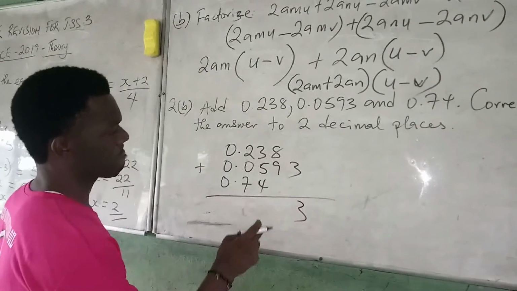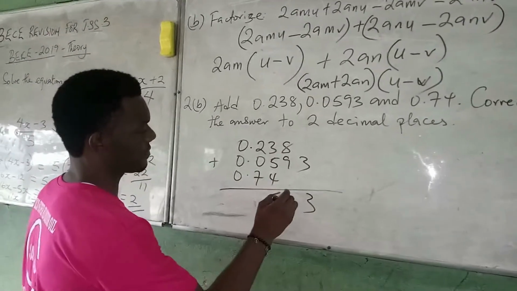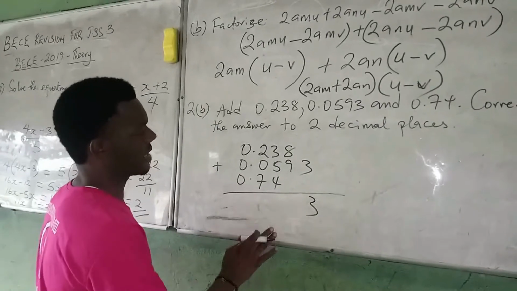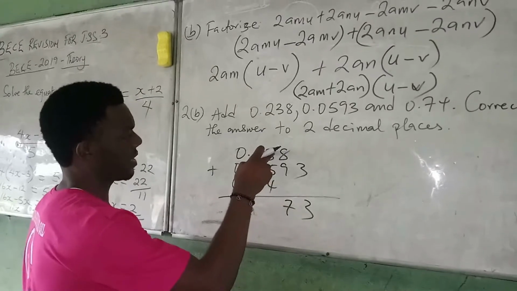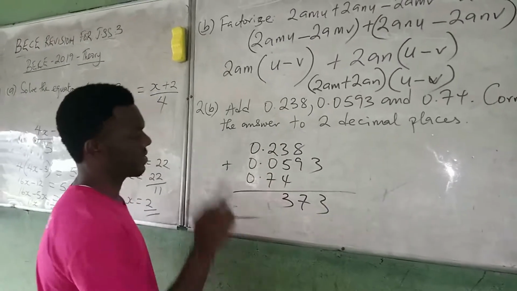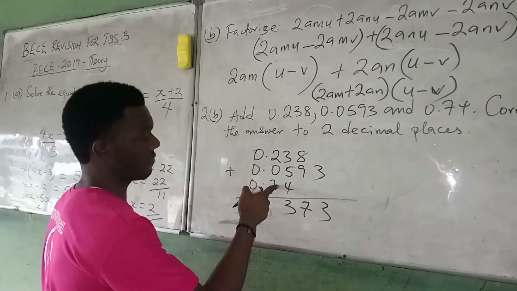We have only 3 here. We have 8 plus 9, 17. We have 7, carry 1. 1 plus 4 is 5, plus 9, 14. We have 4, carry 1. We have 2, 3, 0 plus 1, 10.